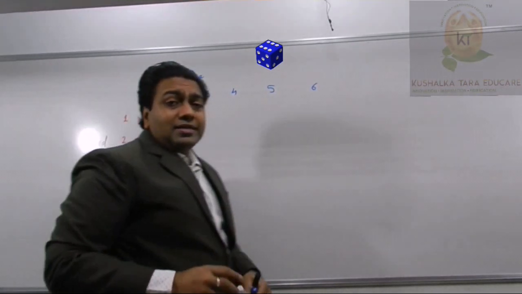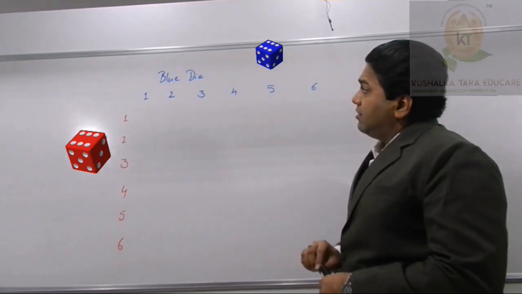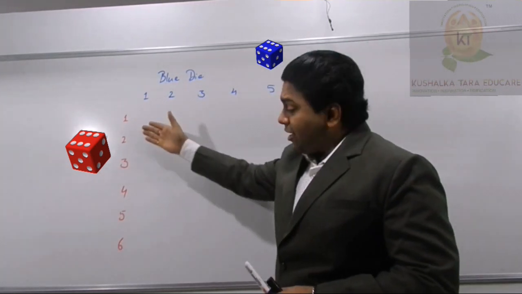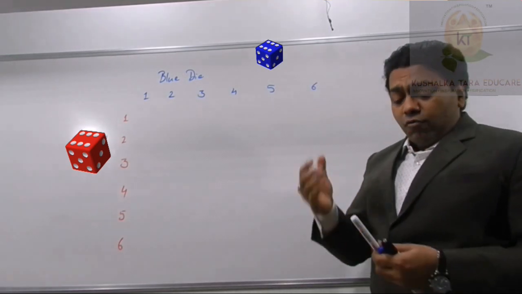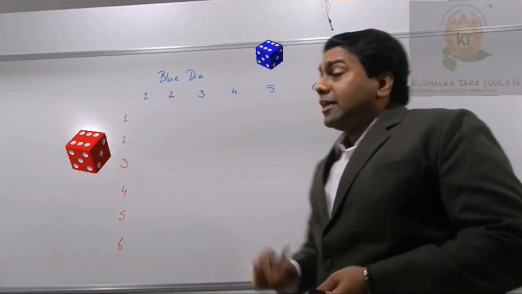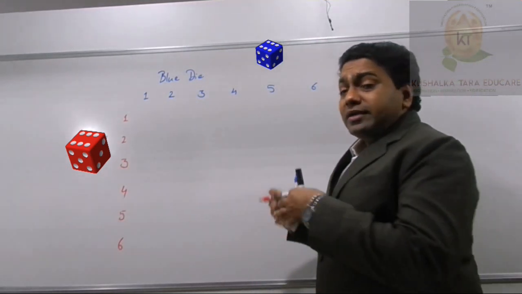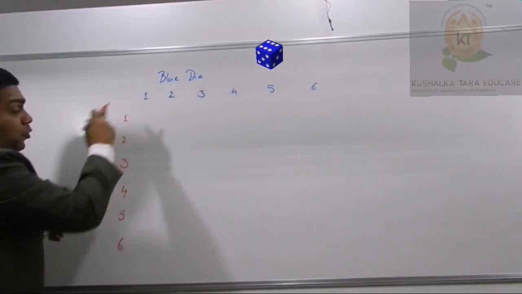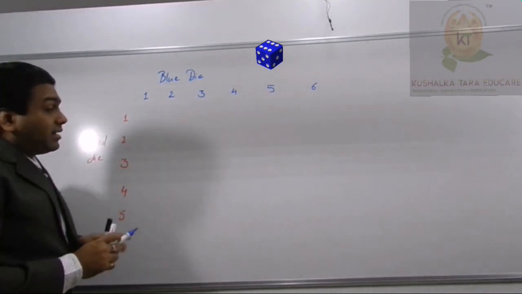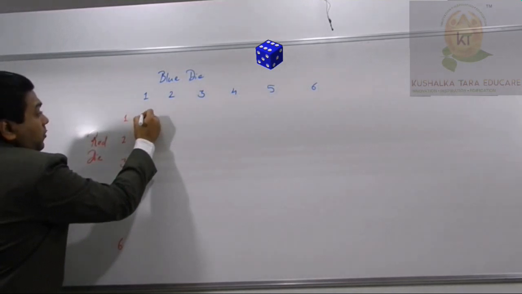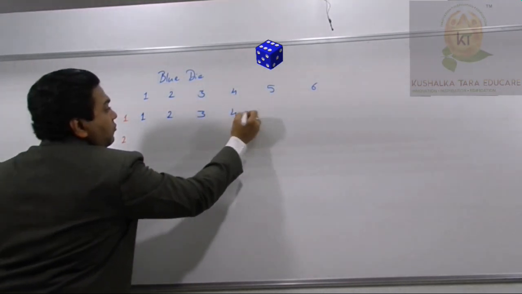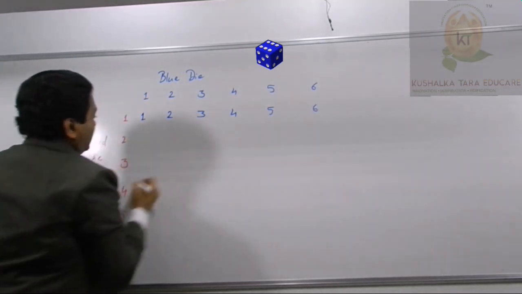Now you can see on the board that we have the blue colored die numbers 1 to 6, the red colored die numbers 1 to 6, and what are the combinations that are going to appear in both cases? That's what we are supposed to see. So when a die is thrown, if the blue colored die has 1 and the red also has 1, what can come? The option is I can get 1, 2, 3, 4, 5, 6 everywhere.